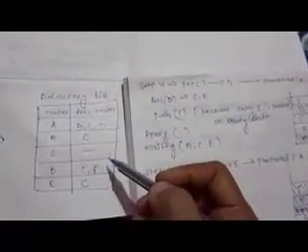Clear? Then as D has been popped, its state will be changed to processed. Previously the processed state contained A, now I have entered D. Then find out the adjacency of D. Adjacent nodes of D are C and E. From C and E, you just find out who is in the ready state.